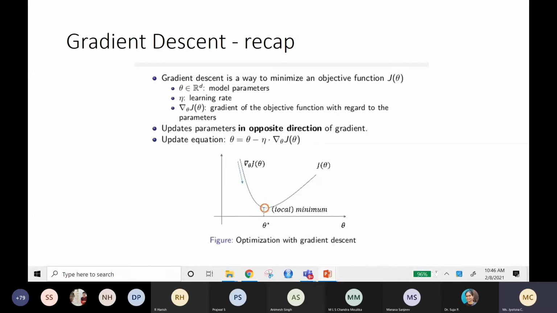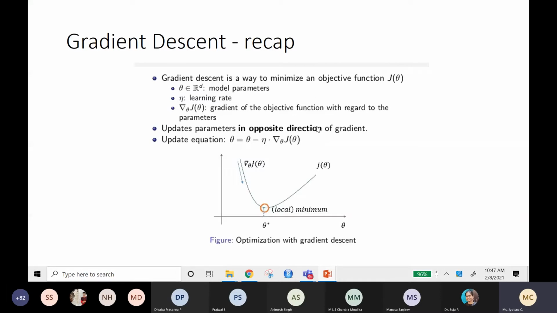Our aim is always to find the local minimum of the loss function. When we develop any application using deep neural networks, we need to achieve minimum loss. This gradient descent helps to achieve the minimum loss, because the weight updation always moves in that particular direction.